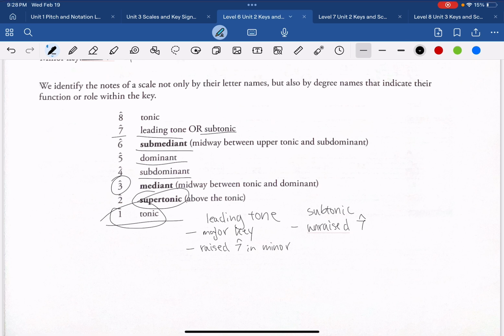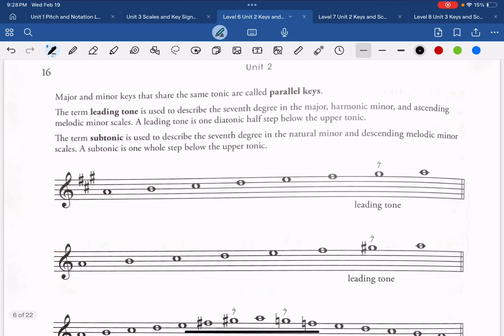So the leading tone is the raised seventh in a minor key, and subtonic is the unraised seventh in a minor key. And for major key, it will always be the leading tone. It's just for minor key, it could either be leading tone or subtonic.